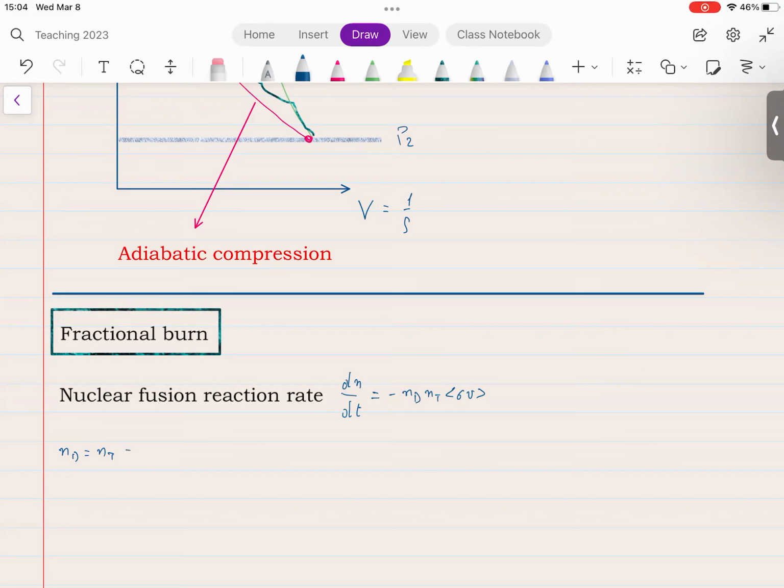Let's call both these densities N, and let's call this the initial density, N0 divided by 2.